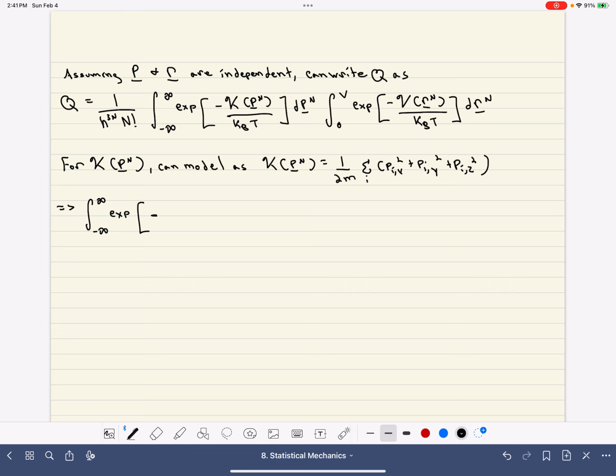Now it's negative 1 over 2m kBT times the summation of p_ix squared plus p_iy squared plus p_iz squared, and this whole thing is dp^N. I'm now going to split up this vector like this.